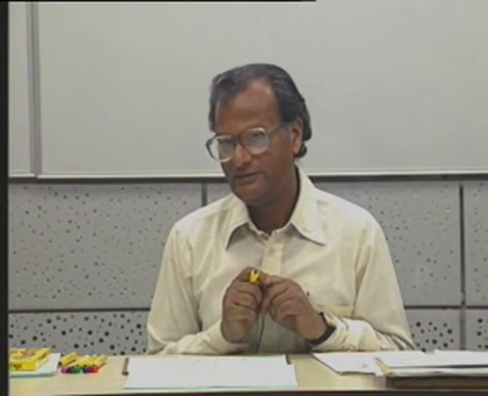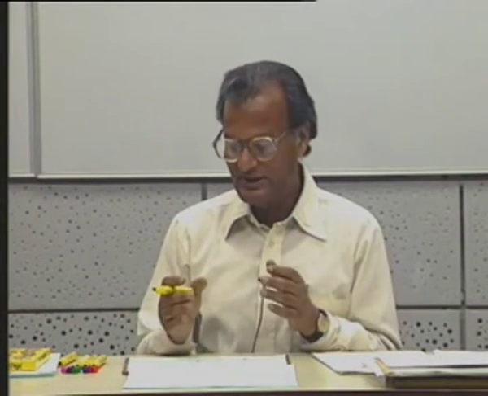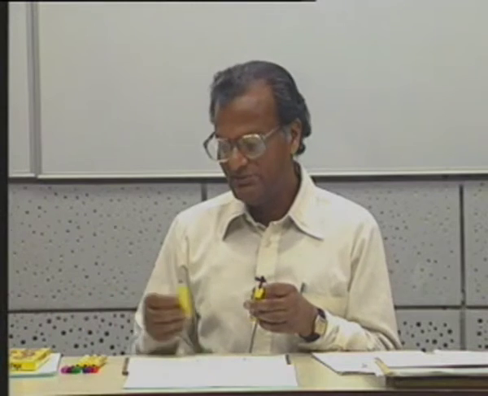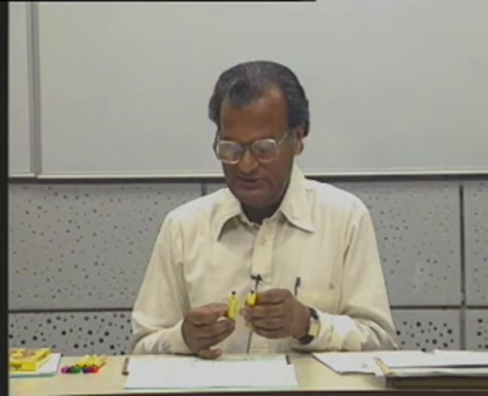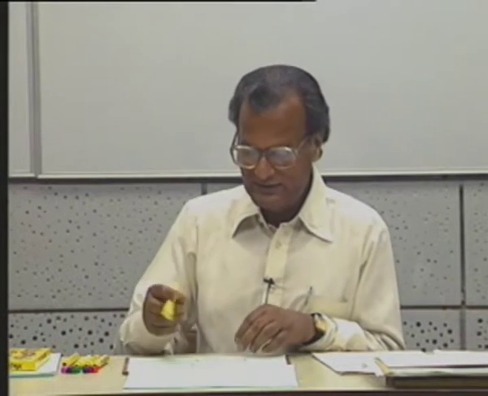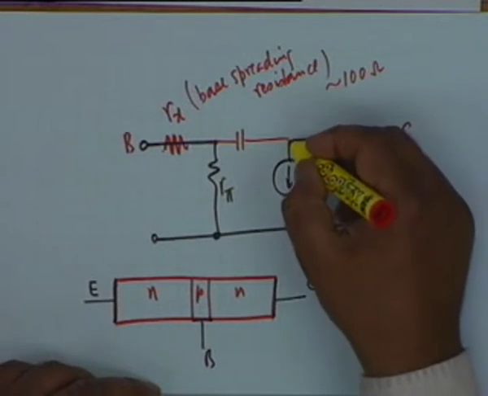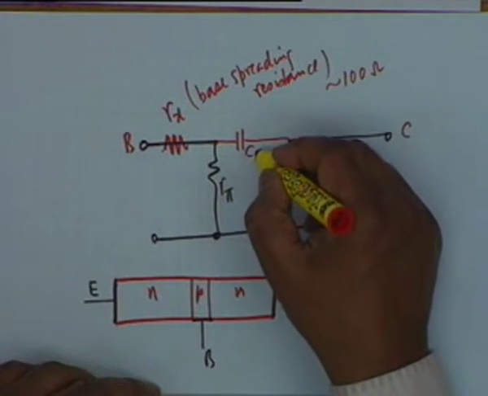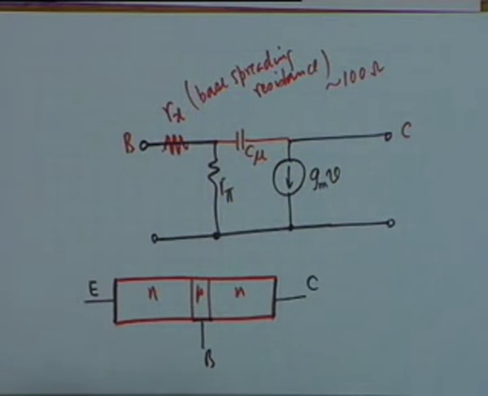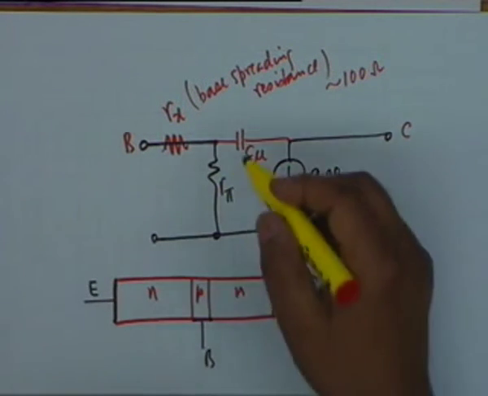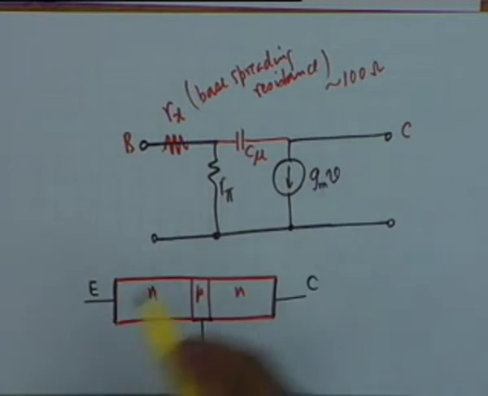Reverse biasing. Alright. And therefore, in a reverse bias junction, as you know, there is a separation of charge. This separation with reverse bias increases, and therefore this acts as a capacitor, which means that between these 2 points we should have a capacitor, and this capacitor is given the symbol C mu, the capacitor between the base and the collector, C mu.